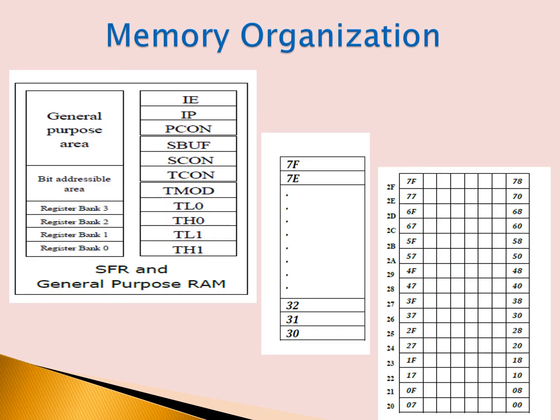Let us see the memory organization of the 8051 microcontroller. A microcontroller's memory is used to store the data, and that data is received by the processor, and also the instructions. Both are used to carry out a specific task. A microcontroller has two main memory types.